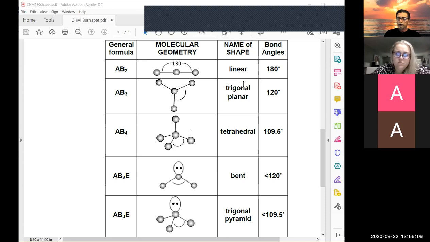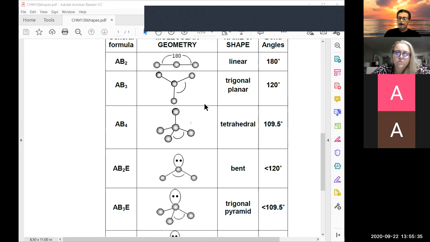It could be linear, which is the first example. And then we have a bond angle, which represents the angle between the B's. So we got here something that's linear. There's 180 degrees in that bond angle. Something that's trigonal planar has 120 degrees. That's what that arc represents, the bond angle between the B's.